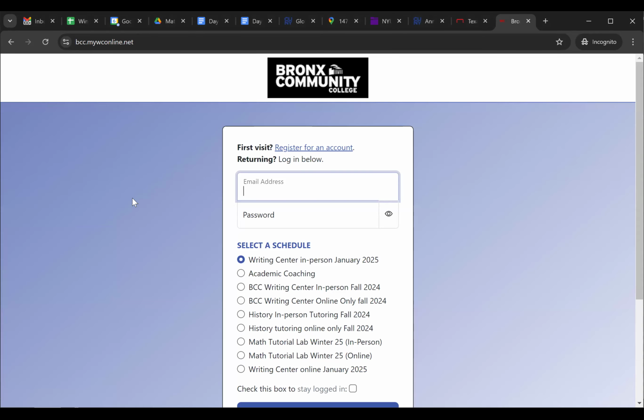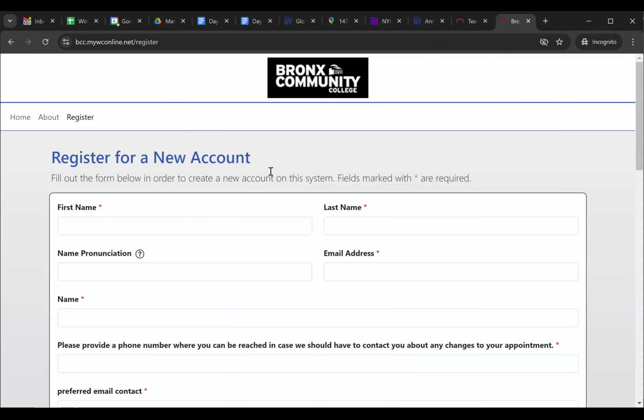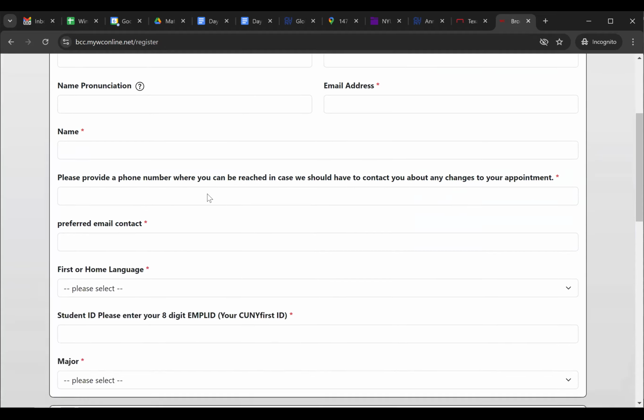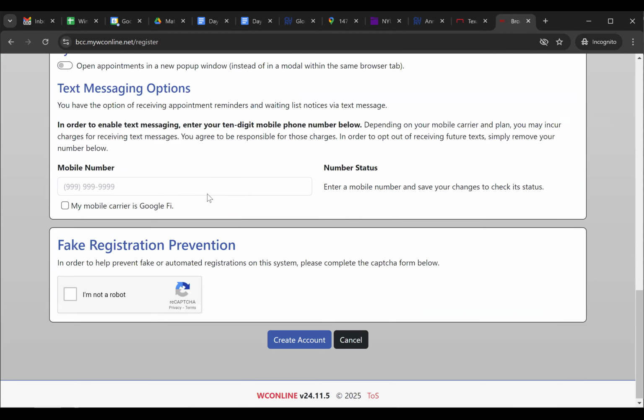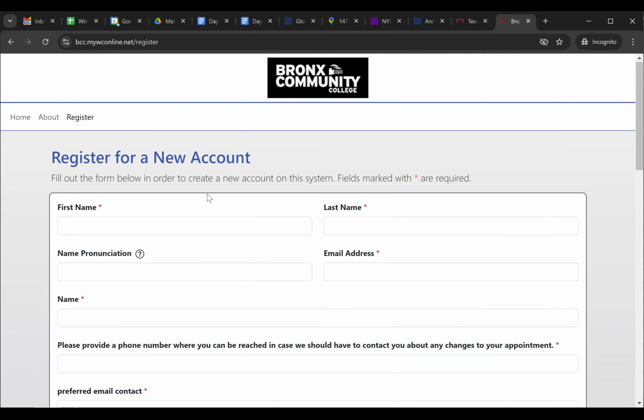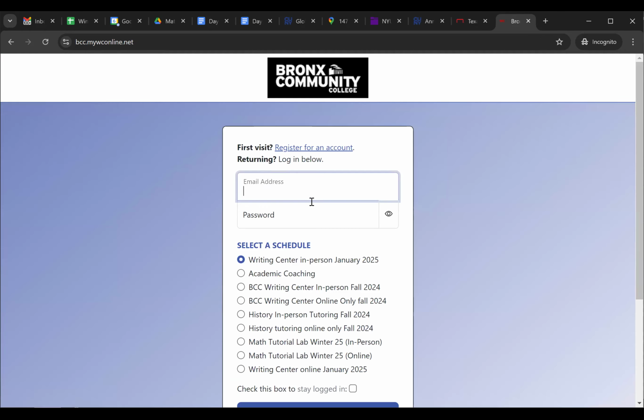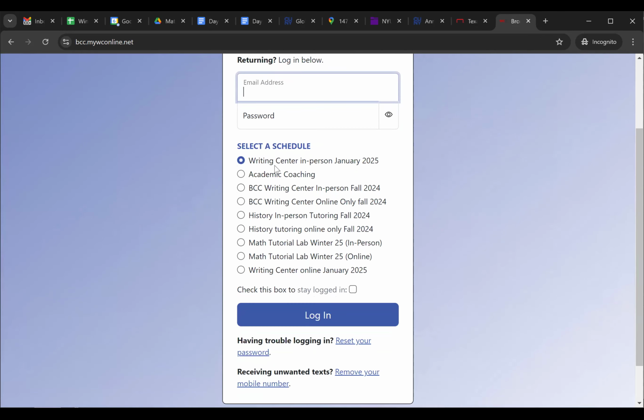Now, if it's your first time, you're gonna click right here where it says register for an account. It's not that bad. You guys can go do it right now if you want. You just fill this out, and then after you fill it out, you're gonna have an account. When you go into login, you're gonna see the different kinds of tutoring that are available at BCC.